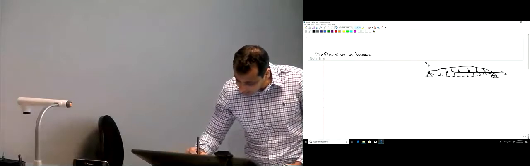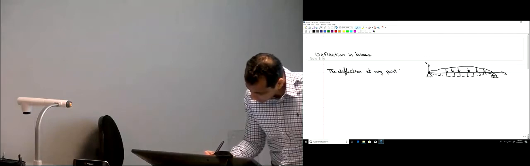As you see here, the deflection is not the same. Every point has a different value of the vertical deflection. For example, here at the support, how much is the deflection? It's 0. But as you go inside the beam, the deflection changes. So if this is the distance x, the deflection, if we name it v small, is variable.